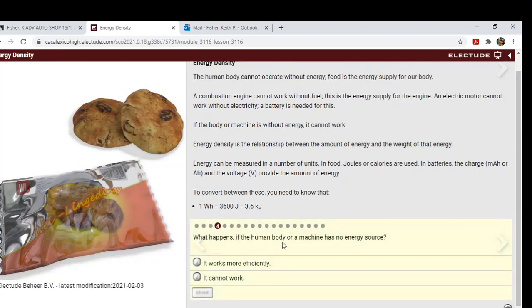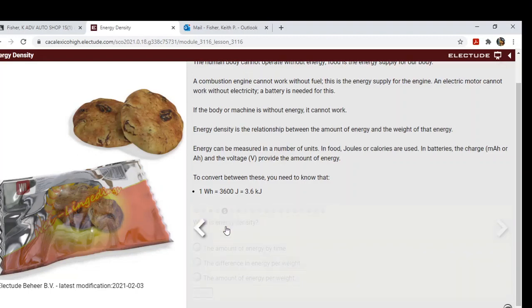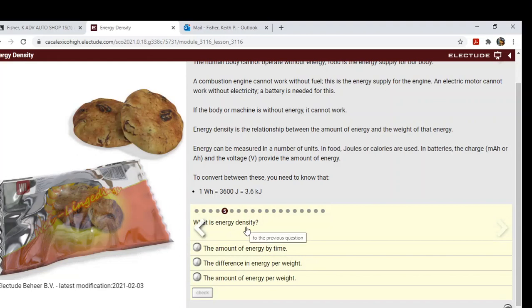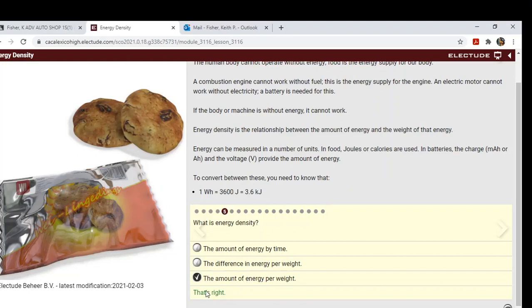What happens if the human body or machine has no energy source? It cannot work. What is energy density? The amount of energy per weight.